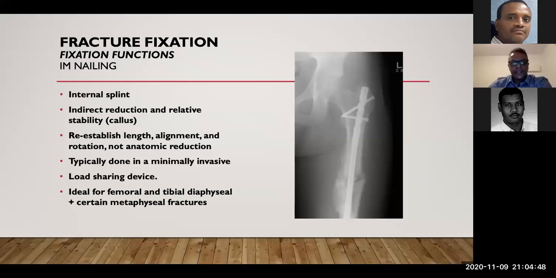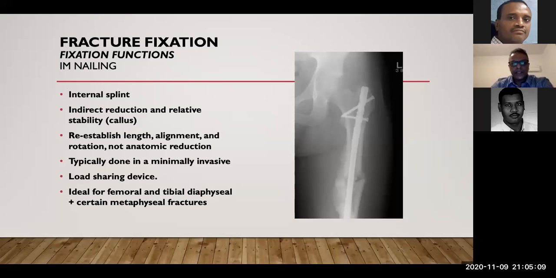Another way of fixation we use very commonly is nailing. The nails, or intramedullary nailing, work as an internal splint. They have indirect reduction, and they give us relative stability and abundant callus formation.